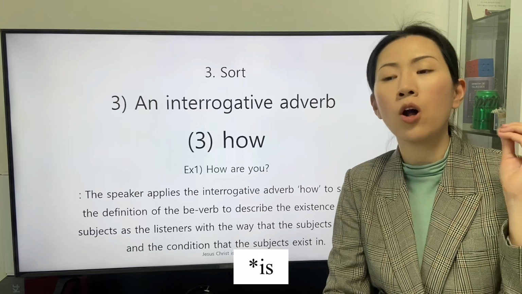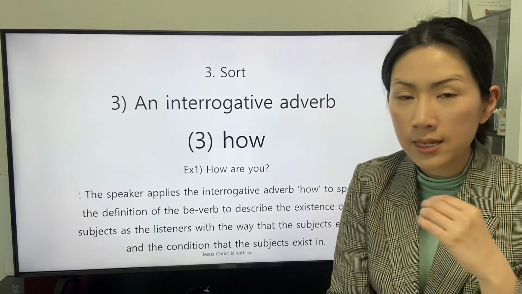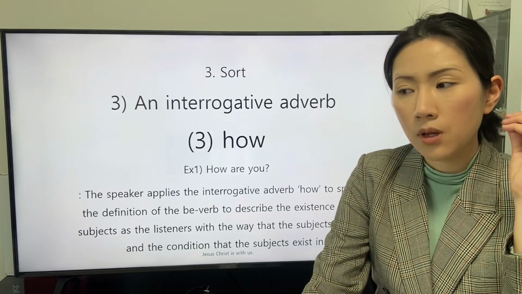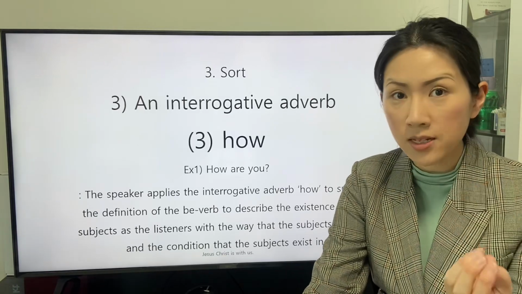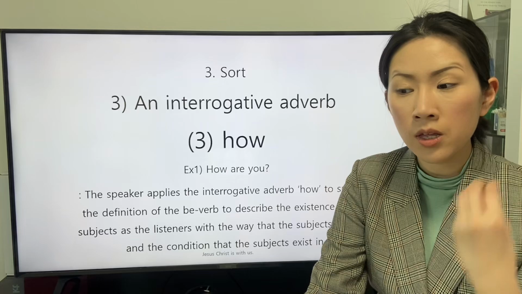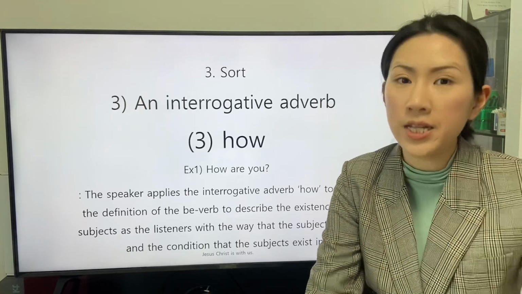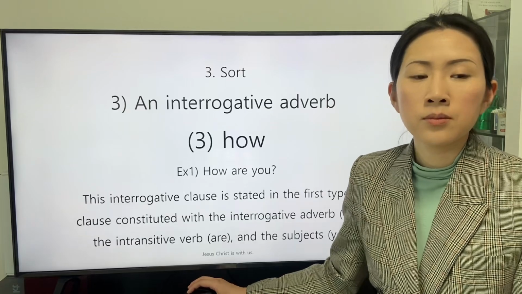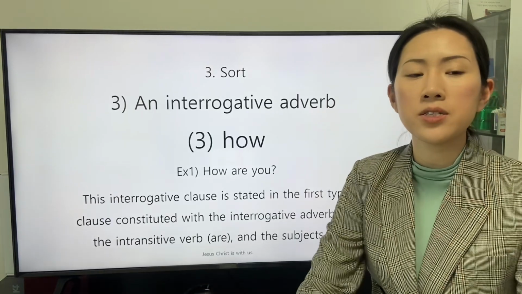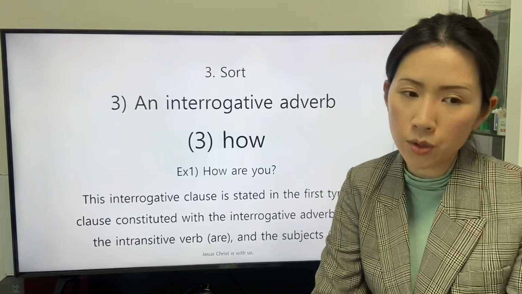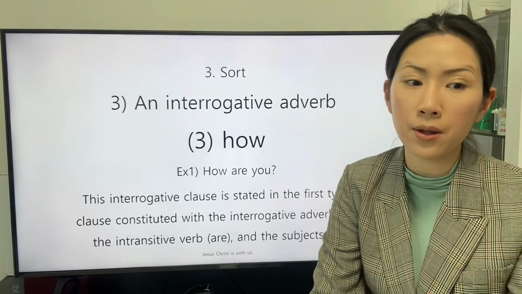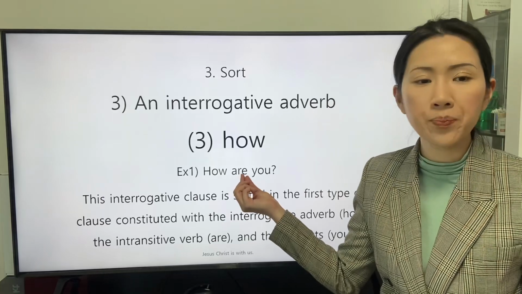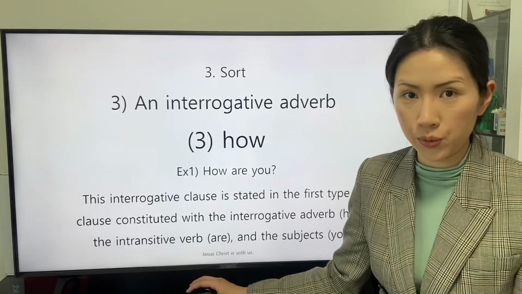The speaker is also able to intend to figure out the condition of the subject in the conversation with the speaker and the listeners. This interrogative clause is stated in the first type of clause constituted with the interrogative adverb how, the intransitive verb are, and the subject you.